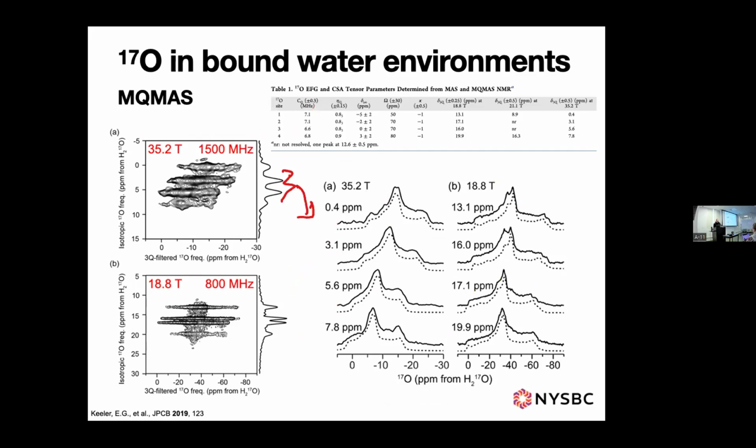So right here we have the slices out of the center of each isotropic peak, for 35 Tesla and for 18. These are fit with, this is not just an MAS kind of spectrum, it's a triple quantum filtered frequency spectrum, so the shapes are slightly different.